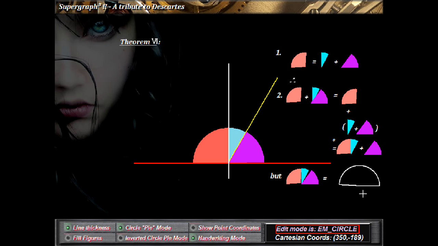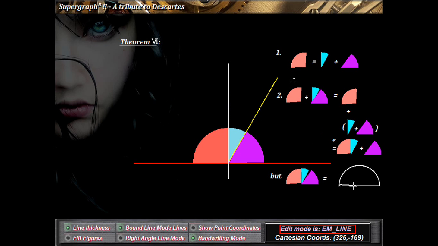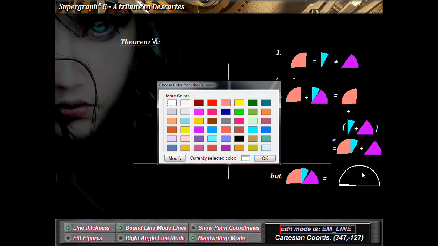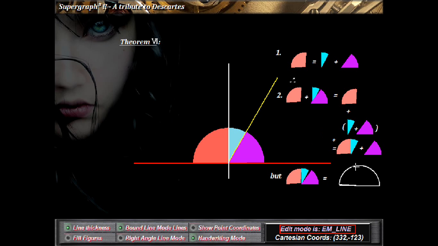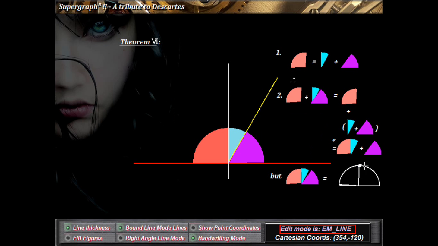I could turn it into a straight line, like that. Okay. So we know that this is two right angles. So we have two right angles equals this plus this. So we've proven the theorem.